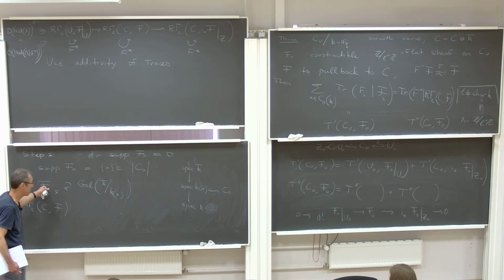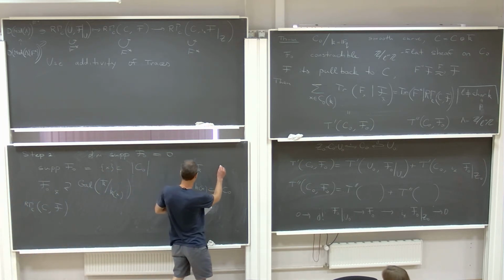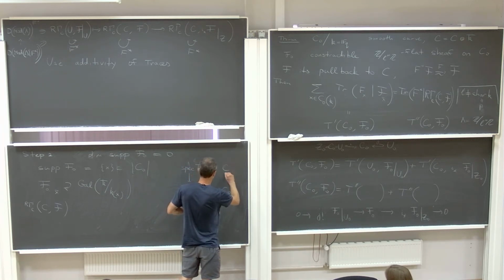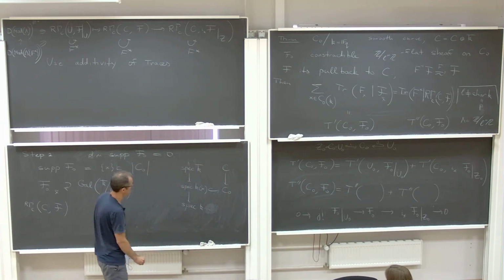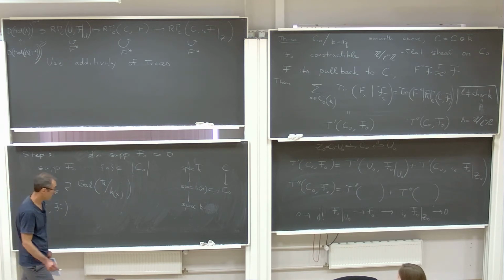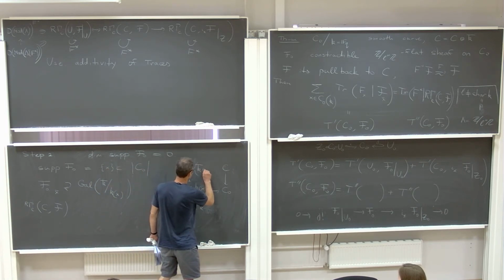First, we have to take this F0 and pull it back to C. So what will be the support of this F? Yes. So the support will be this.